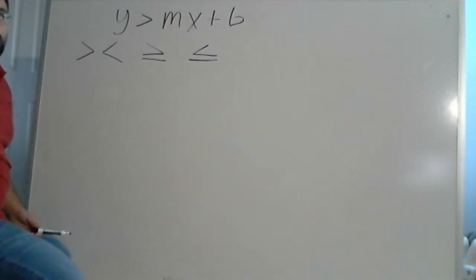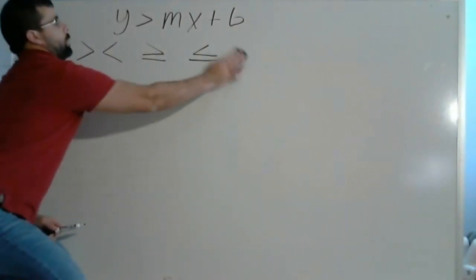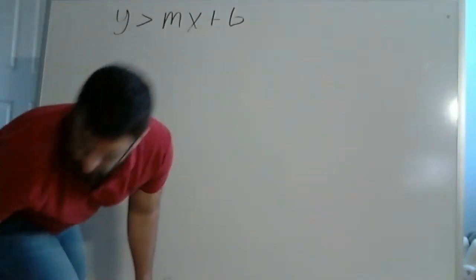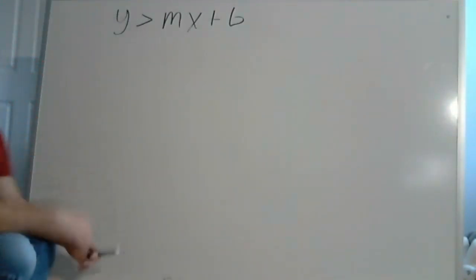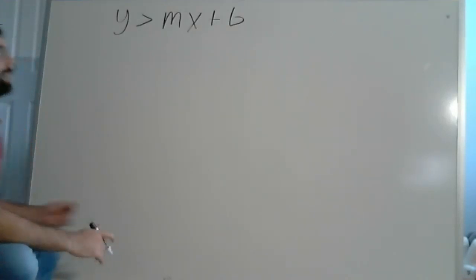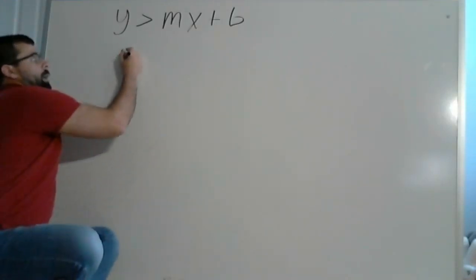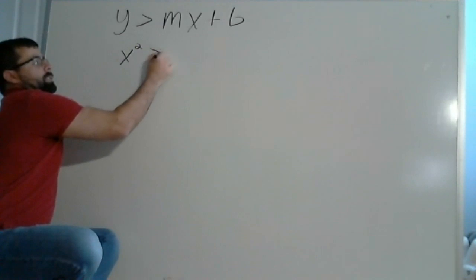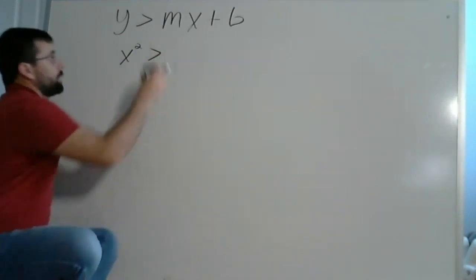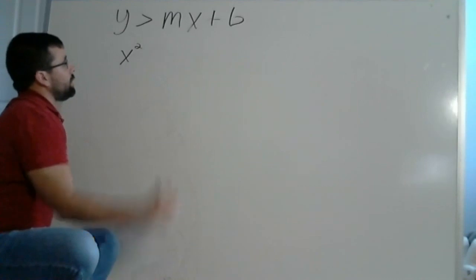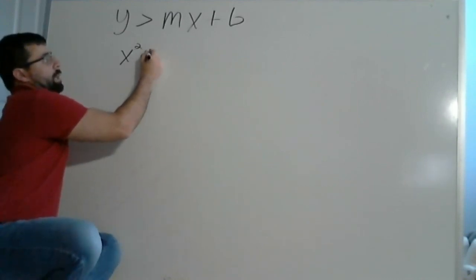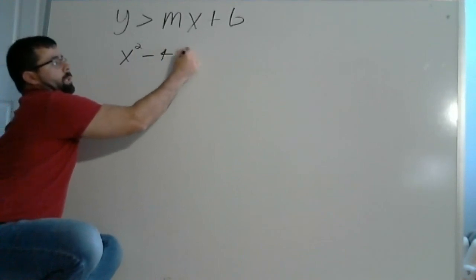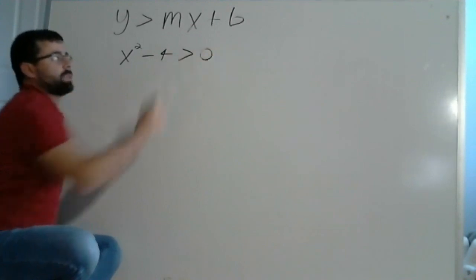So our method before for solving inequalities with one variable, we might have had something like x squared minus 4 greater than 0.